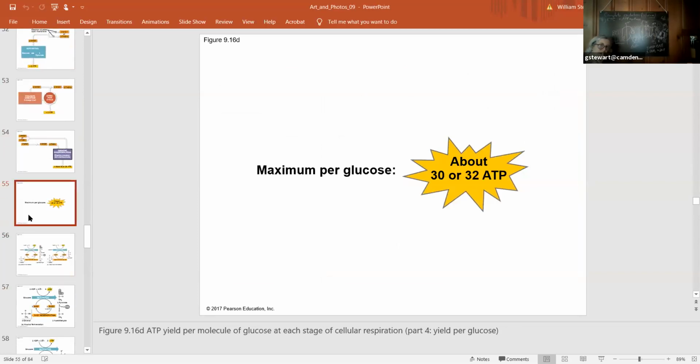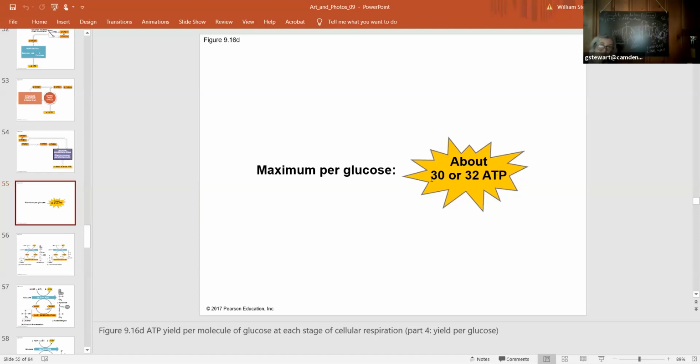See how in your textbook it always says maximum ATP per glucose about 30 or 32, okay? The reason is that in eukaryotic cells, you need to expend some ATP moving these molecules around by active transport, especially out of the mitochondria at the end.